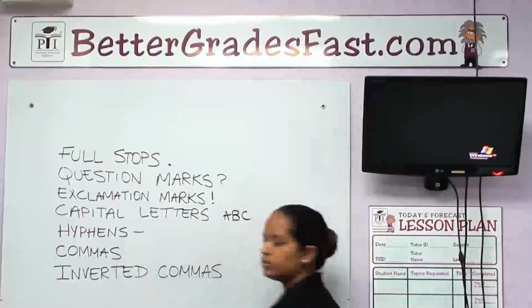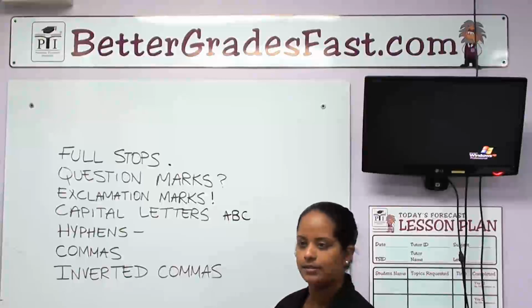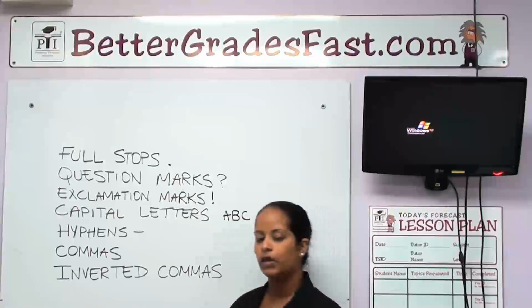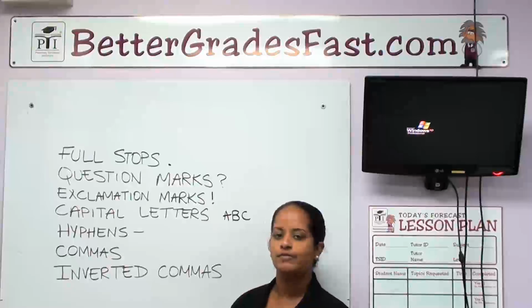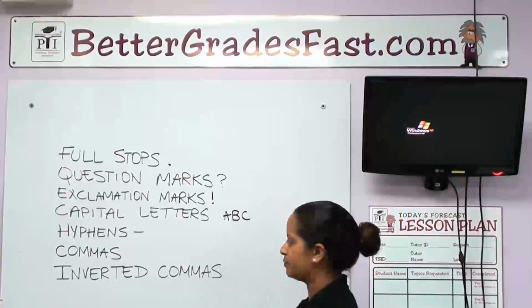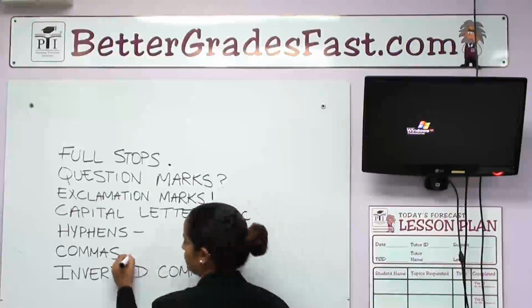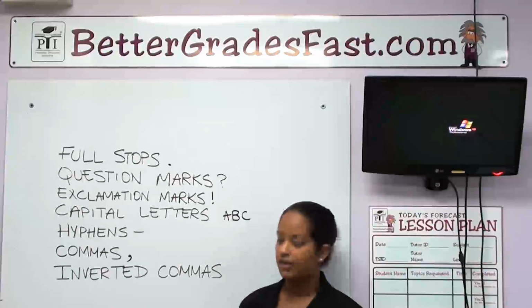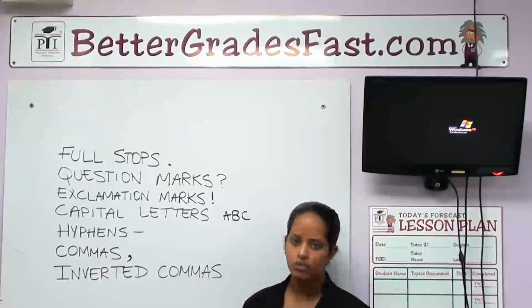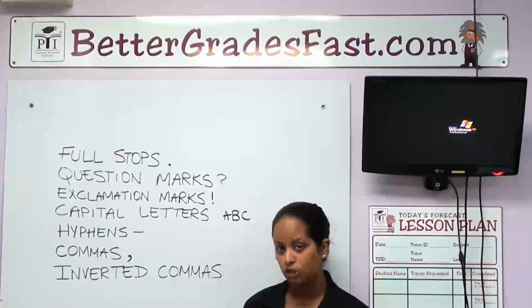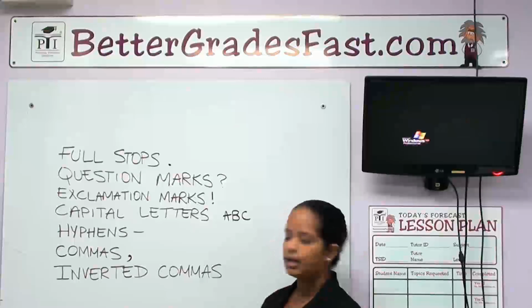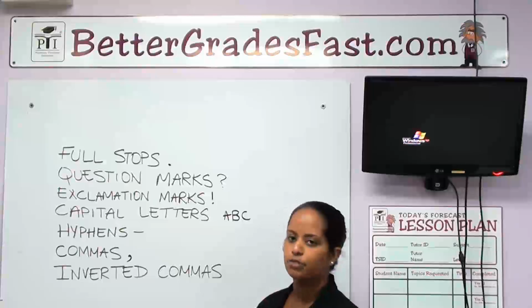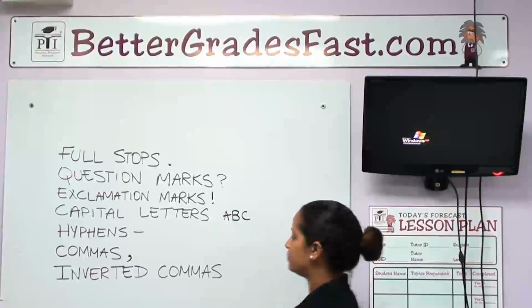Hyphens are used when you have pauses in sentences, when you have compound numbers written in words, and also when you have some compound words. Commas are used to separate lists of things. They are also used in direct speech, and they can be used when you have phrases or clauses in the subjects of your sentences.